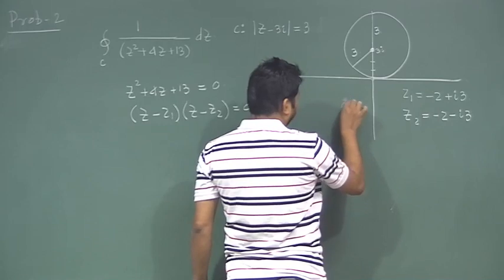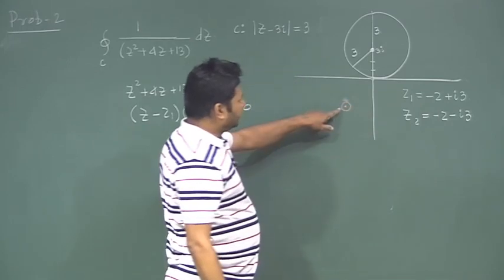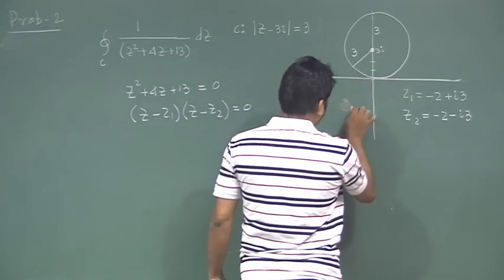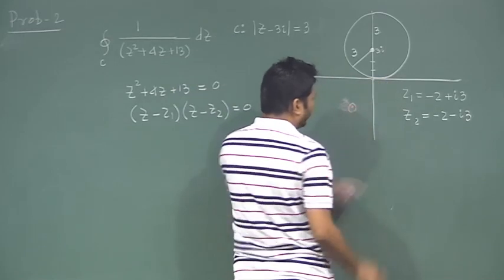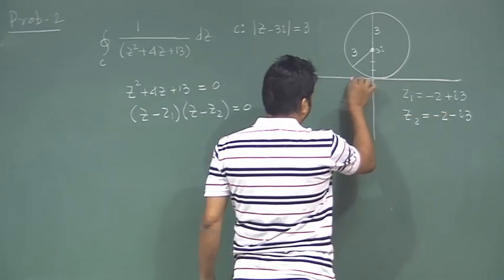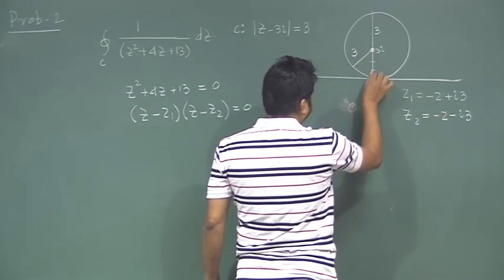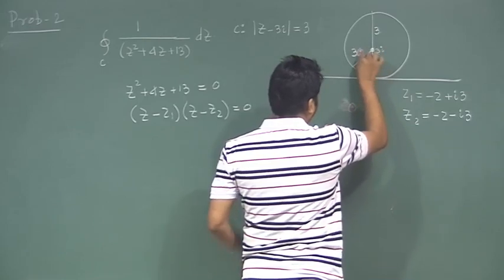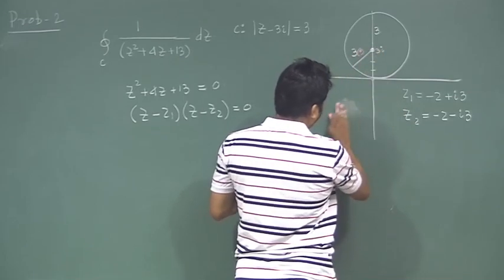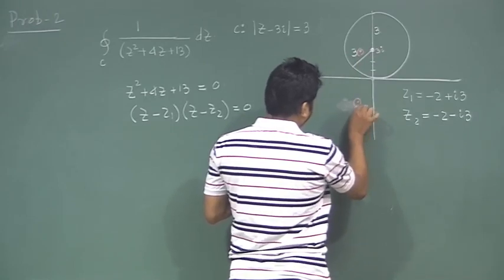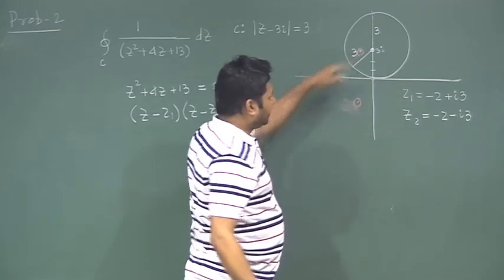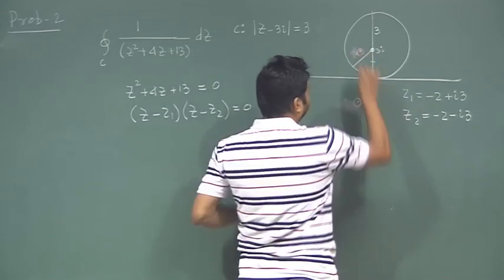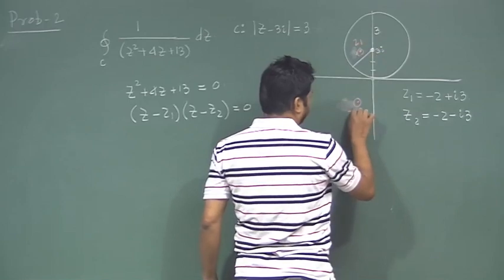So, that means this point seems to be outside, and the other point is minus 2 plus i3. So, minus 2 plus i3 is somewhere here. So, these are mirror points of each other. So, this is my z1 point and this is my z2 point.